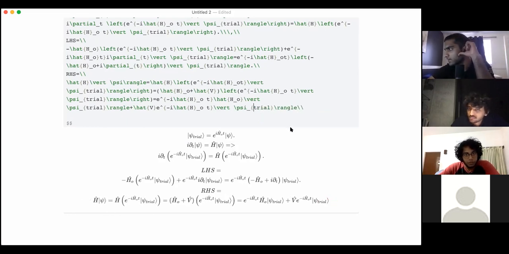Maybe I used the wrong symbol. Is this clear up to this point?